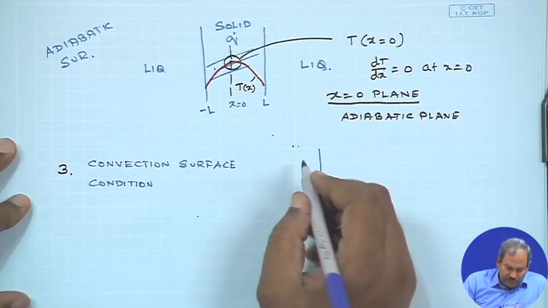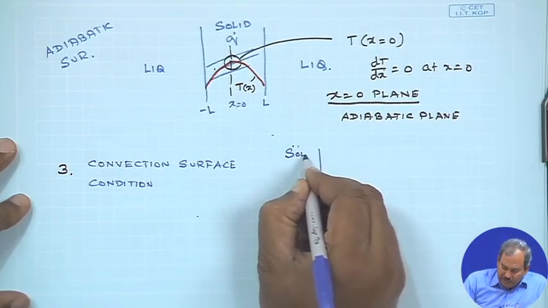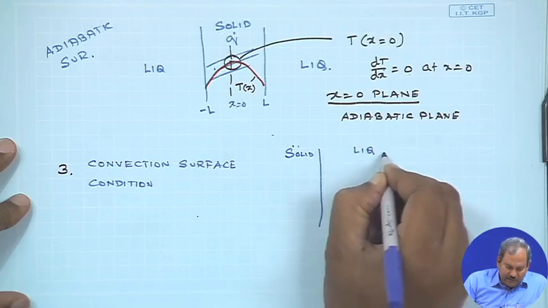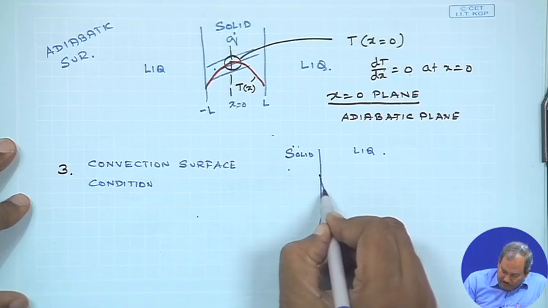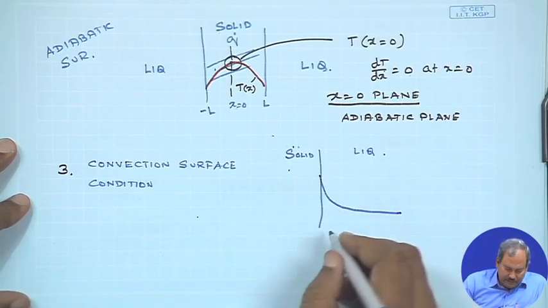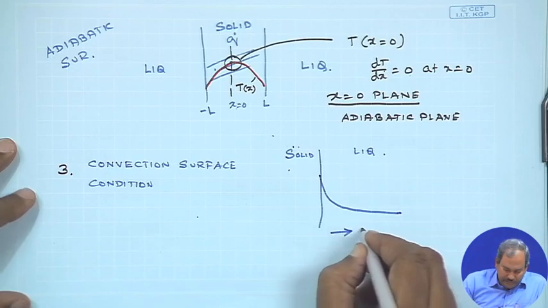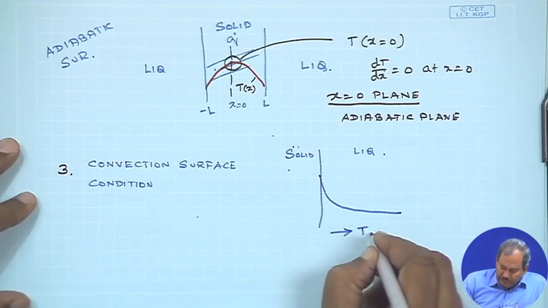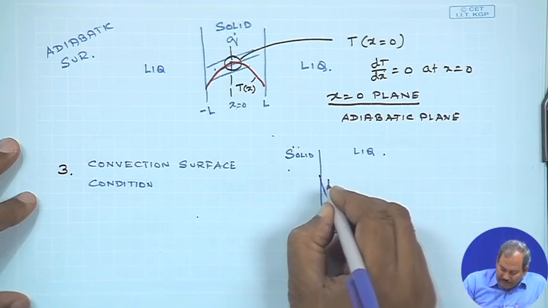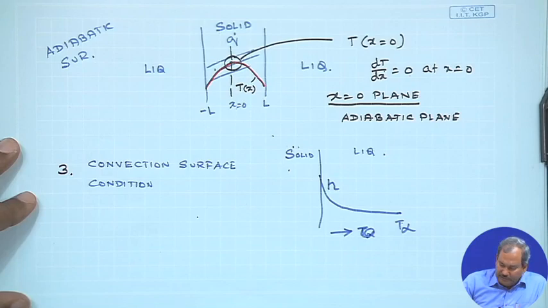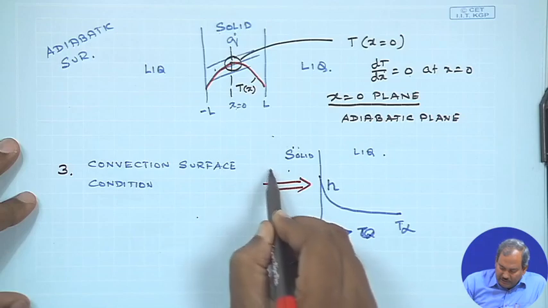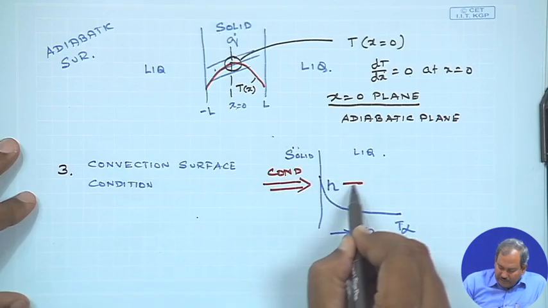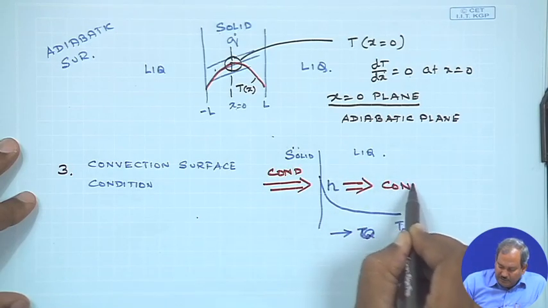Where you have a surface which is solid, on this side you have a liquid, let us say, and the profile of temperature is this, where the temperature over here is T infinity, and the heat transfer coefficient involved is h. So, heat will come from here to here by means of conduction, and from here to out by means of convection.